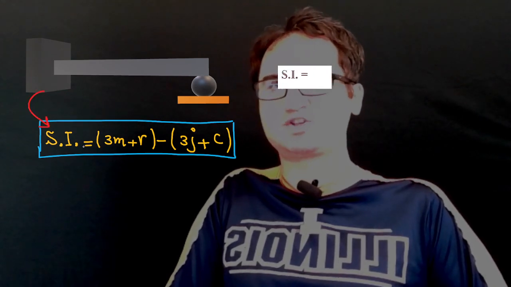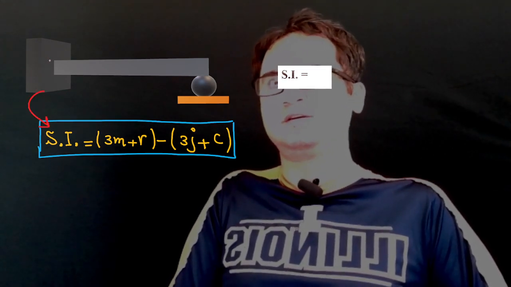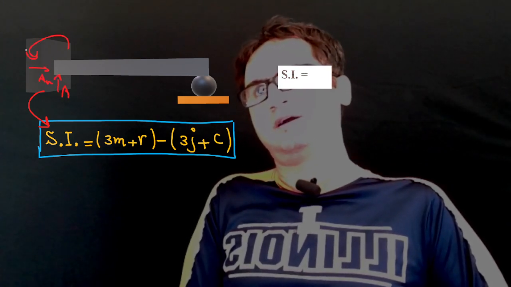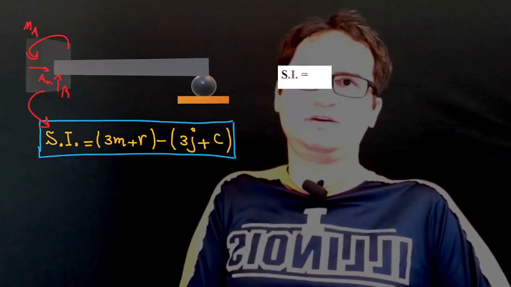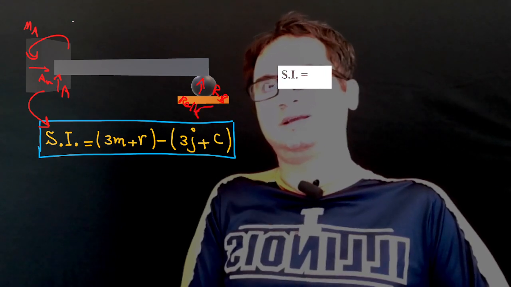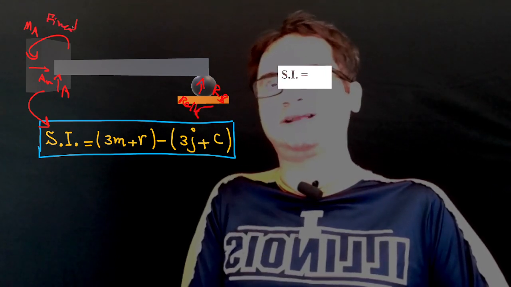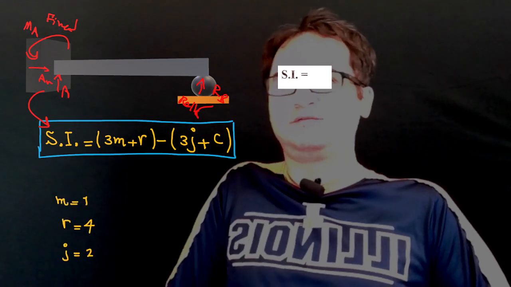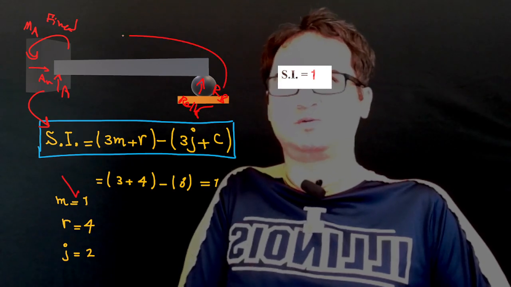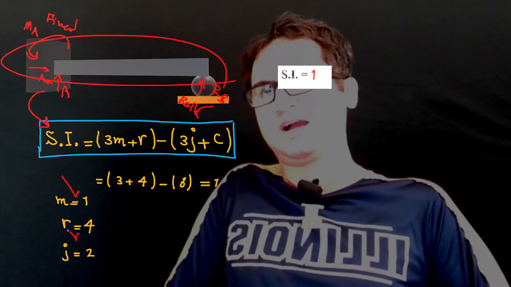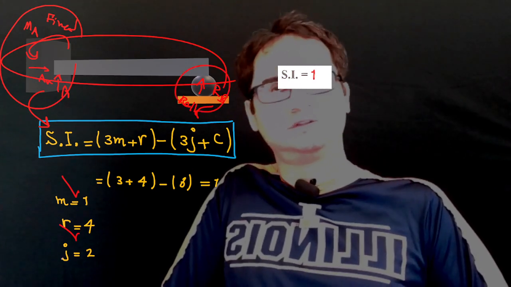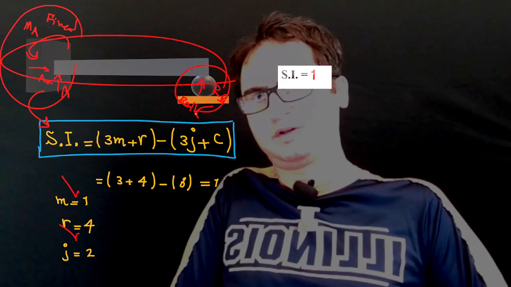Use this equation for beams. Definitely we have Ax, Ay, and MA here, and Ry at B. This is a roller, and this is a fixed support at A. So we know we have 1 member because it's only 1 beam, and reactions are 3 at the fixed support and 1 at the vertical component of the roller.